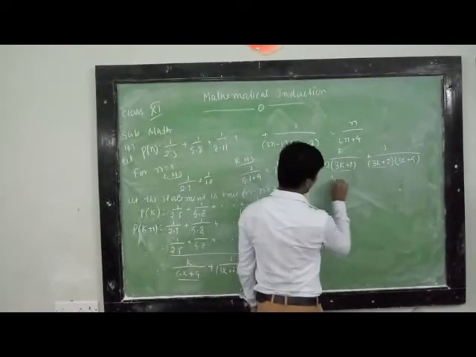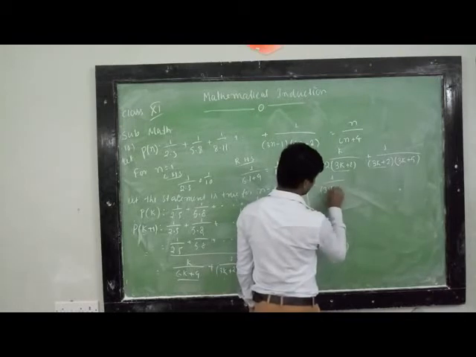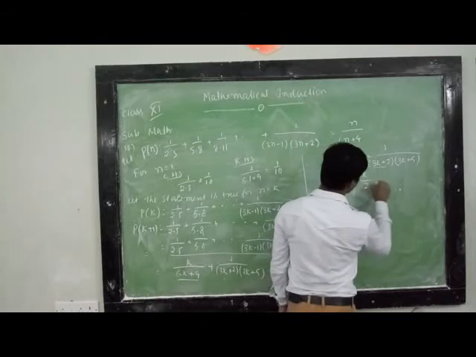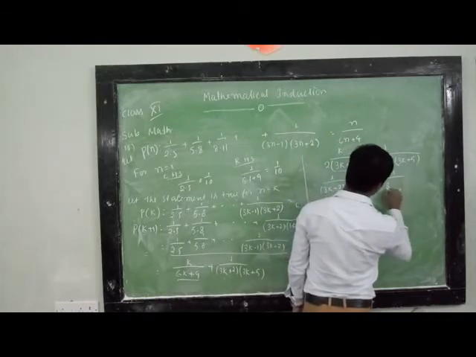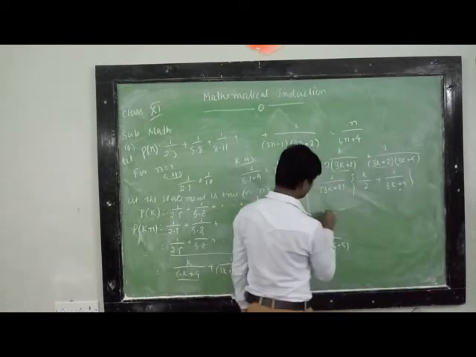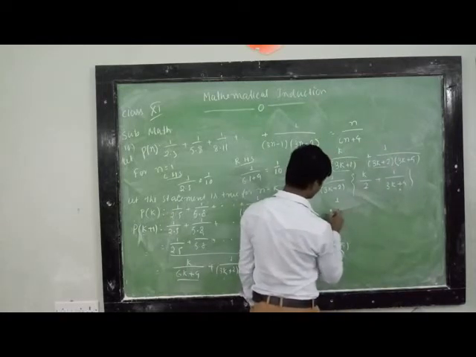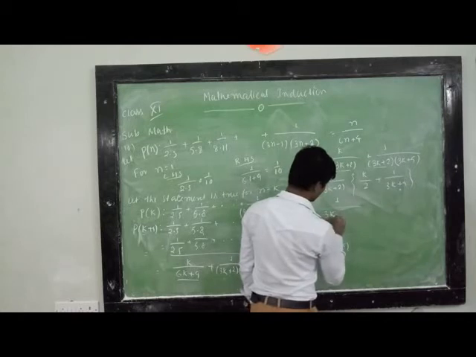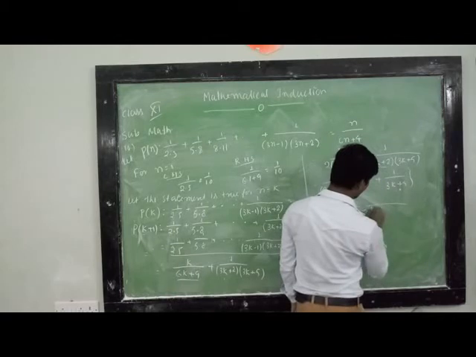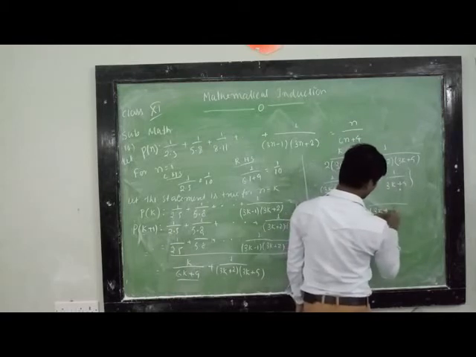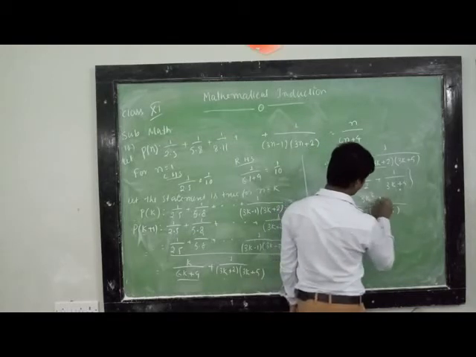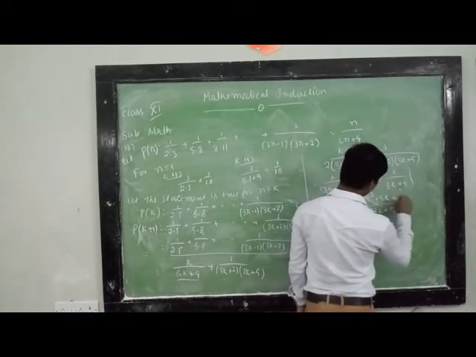So that is 1 by (3k plus 2) into [k by 2 plus 1 by (3k plus 5)]. Add it. So 1 by (3k plus 2) into, if I add, the LCM will be 2 into (3k plus 5), and it will be 3k square plus 5k plus 2.